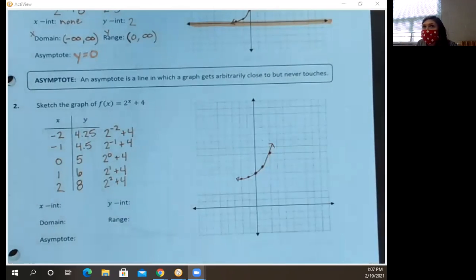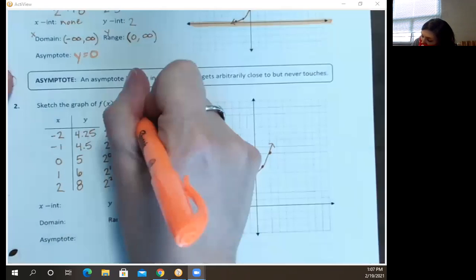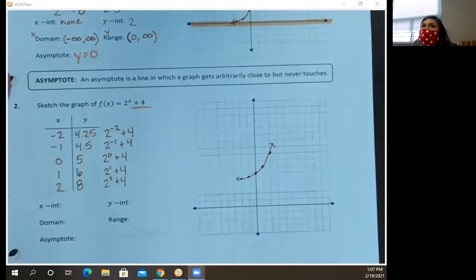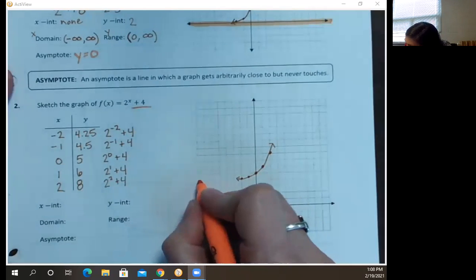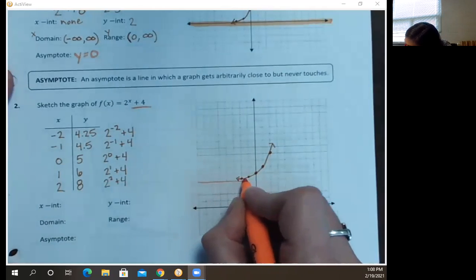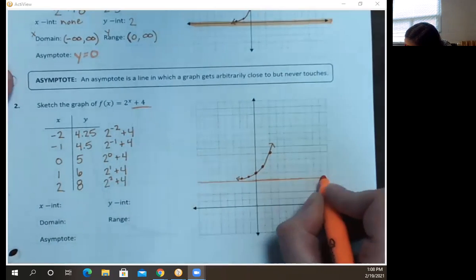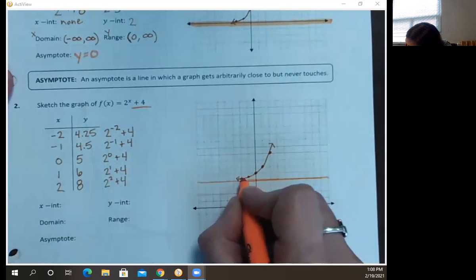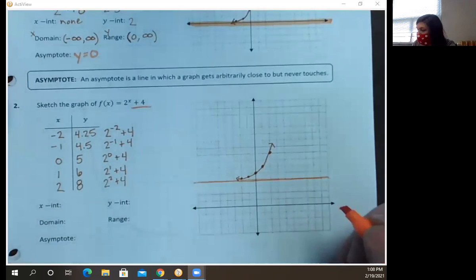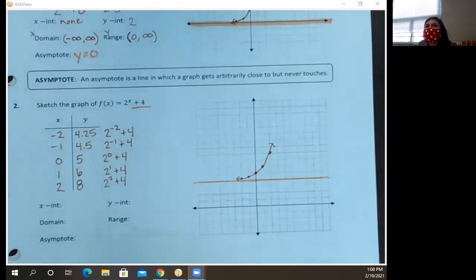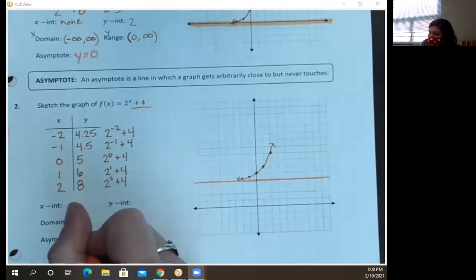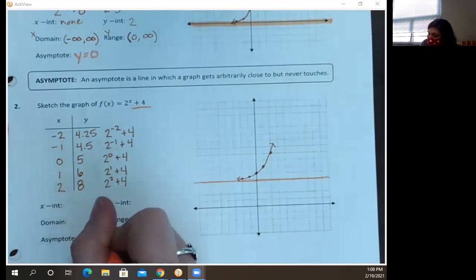And then the other thing I want you to include when you do an exponential graph is your asymptote. So my asymptote here would be at 4. Since we have plus 4 at the very end of our function, our asymptote will be at 4. And then I'm actually going to go ahead and fill that in here. Y equals 4.